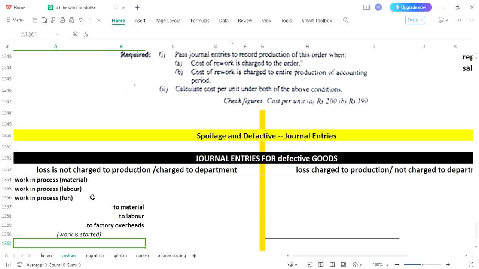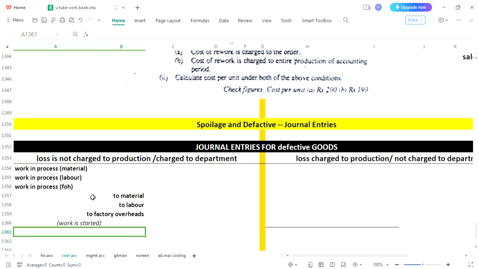At this stage you just come to know that some number of units have been damaged, but that is not severe damage. You can repair them by putting some new effort, by putting rework. You can turn those defective units into A pair. So what you will do is start your rework in process, where you will bring your material again to be put upon damaged goods.